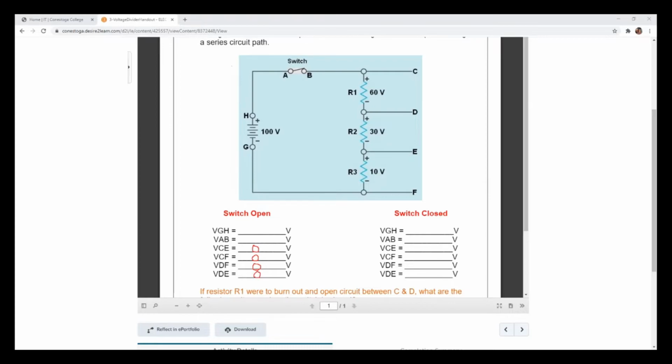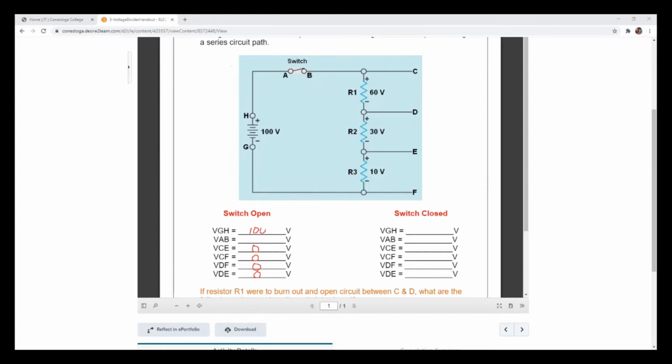Now, the interesting question is that it doesn't really matter what I do to my switch, AB. My power source is my power source, and that is 100 volts.